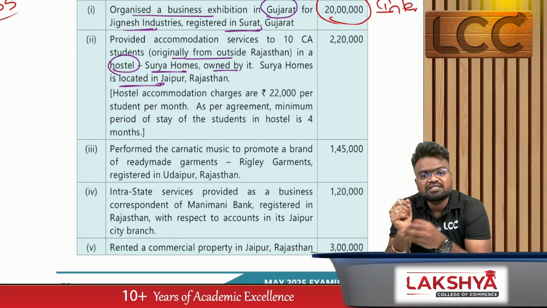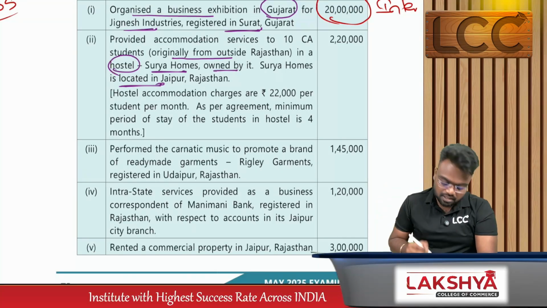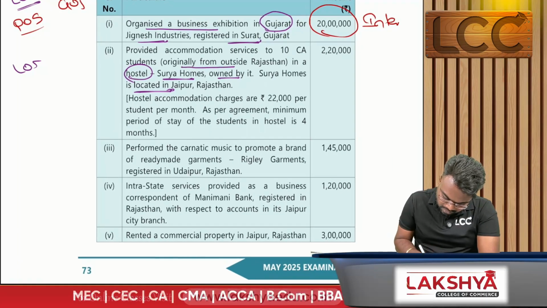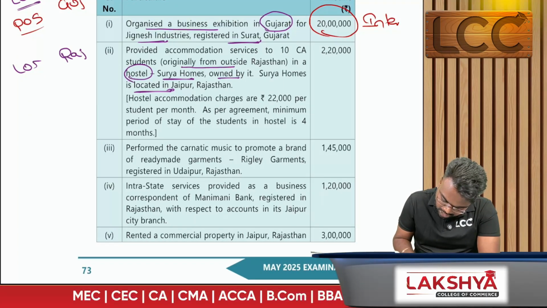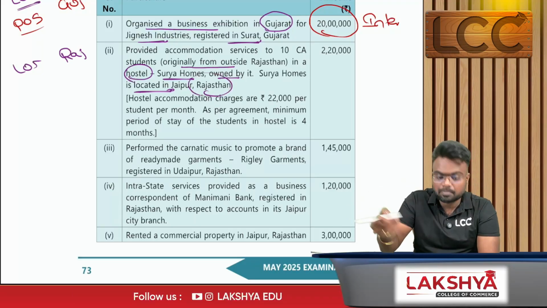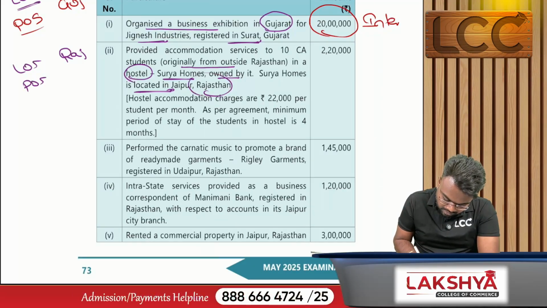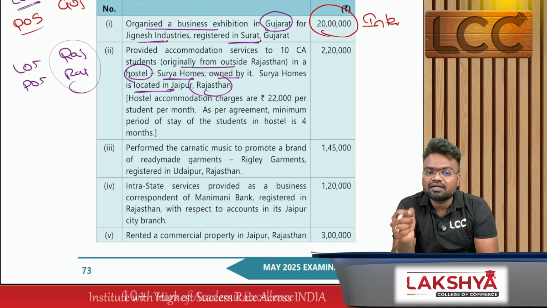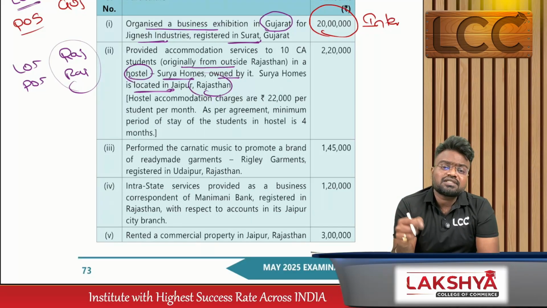The place of supply is where such immovable property is located. So what is the location of supplier? Rajasthan. And what is the place of supply where immovable property is located? Rajasthan. So both are in the same state. Hence, here it is treated as intra-state supply.